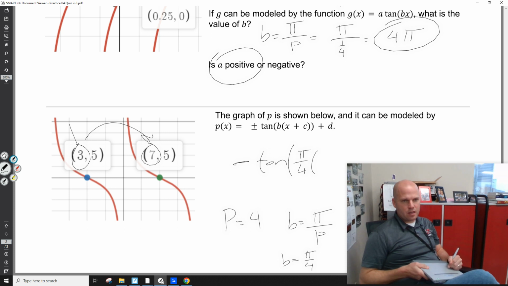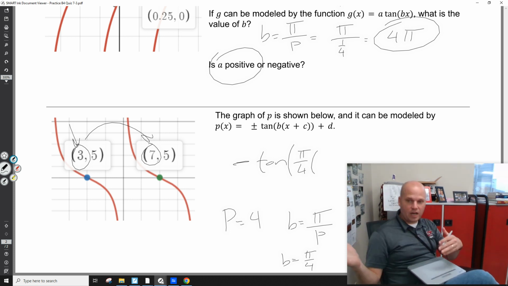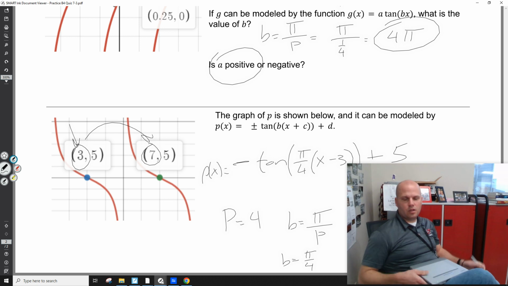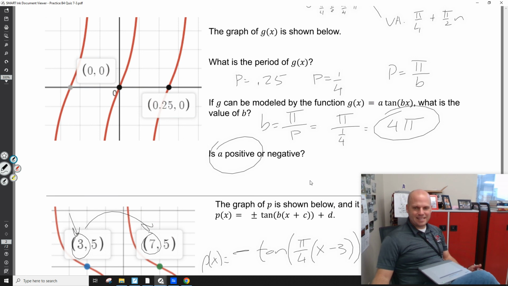I'm shifting my starting point either to the right 3 up 5 or to the right 7 up 5. It doesn't matter. You can go x minus 3 or x minus 7, and it's good because of the repetition of things. I'm shifting my y's up 5. This would be the equation for p of x. Not crazy difficult tangent. It's not as intense because we don't have to worry about the amplitude. We just have to worry about horizontal shifting, vertical shifting, then the period being adjusted to be pi.